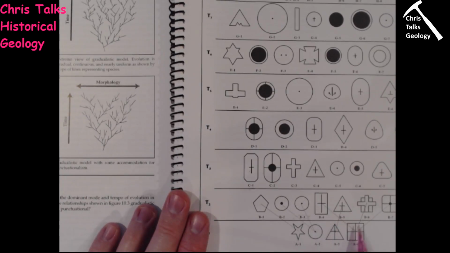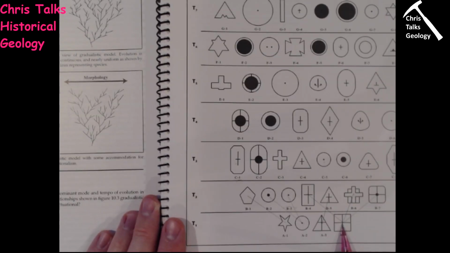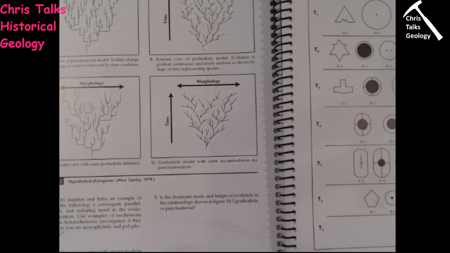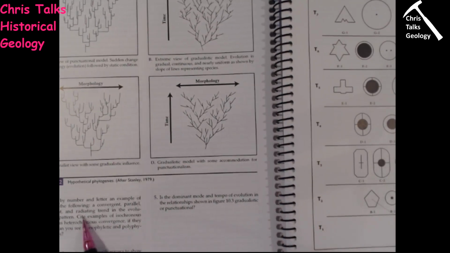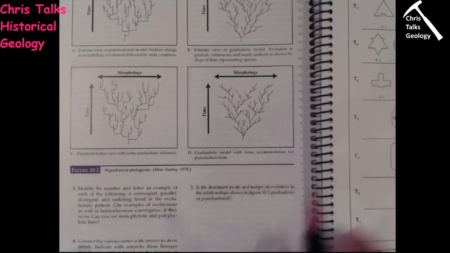A4 goes to B4, B6, B7, so instantly you have an ancestor producing diverse descendants. And then obviously you can continue on from there. Here you would write divergent equals A4 to B4, B6, and B7. And that would be it. That would be one of the 4 things you'd have to write for number 3 here.